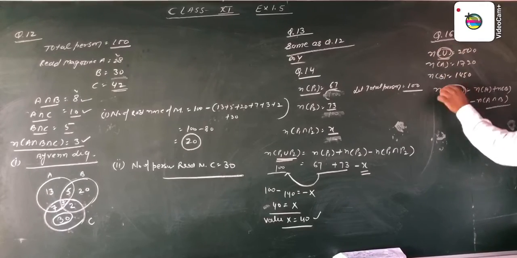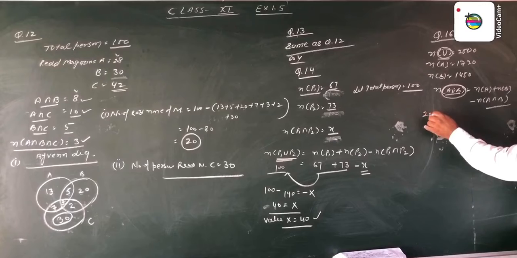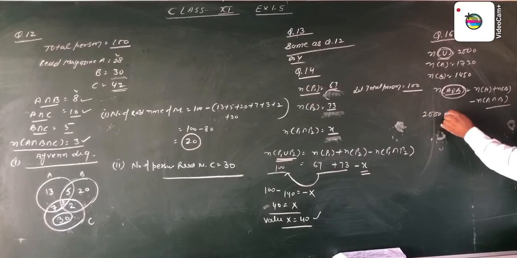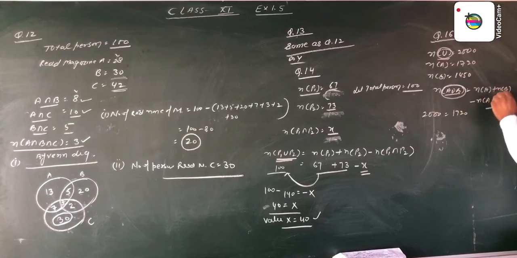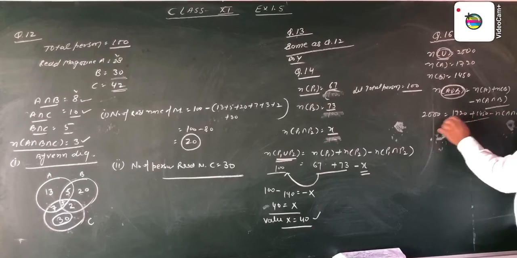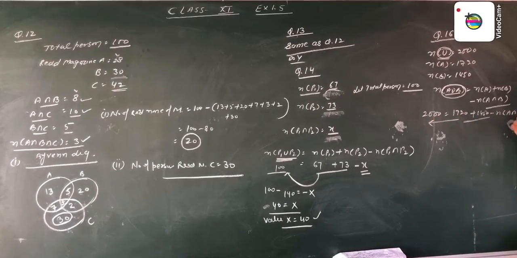It is the value of A union B. This is 2000, and A is 1720 plus 1450 minus A intersection B. We take this value to the left-hand side and find the value of A intersection B.